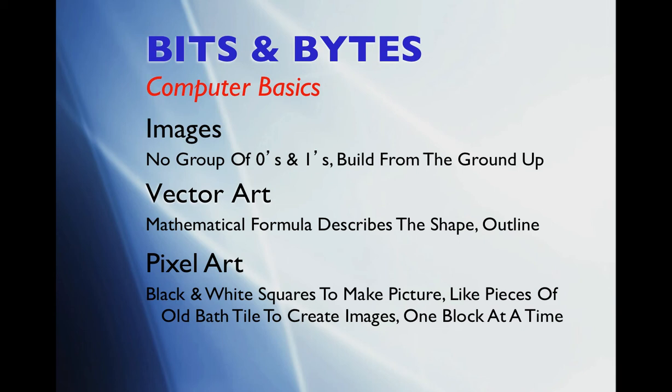There are basically two general kinds of graphic software programs: vector art, as demonstrated by Adobe Illustrator, and pixel-based art, as most people know of as Photoshop type art. Those are the two fundamental different software programs.